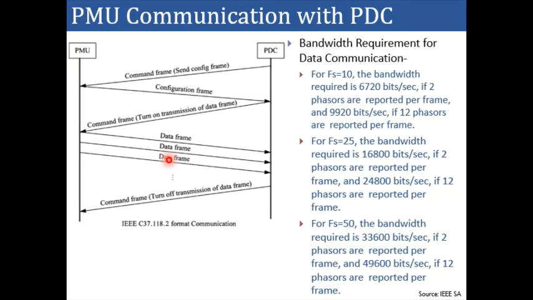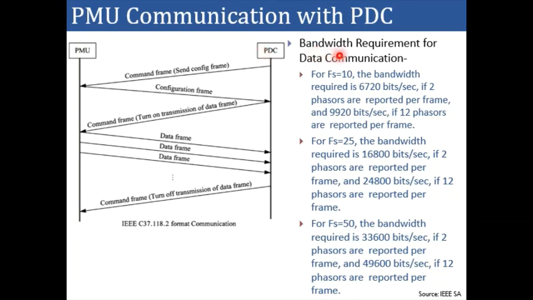So to increase the data transmission rate and make the data reporting rate very fast, instead of TCP, we utilize UDP for sending the data. After a certain time, if PDC wants to stop PMU from sending the data, PDC will send a command frame again to turn off the data transmission. So this is how the data transmission happens between PDC and PMU.